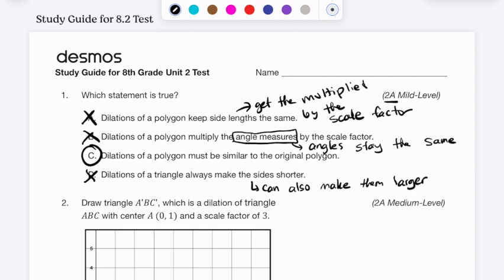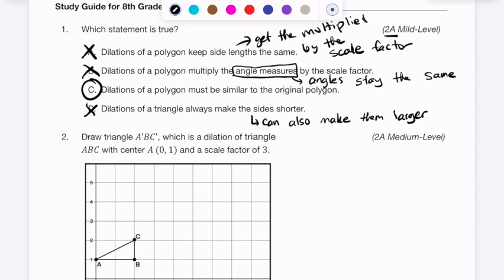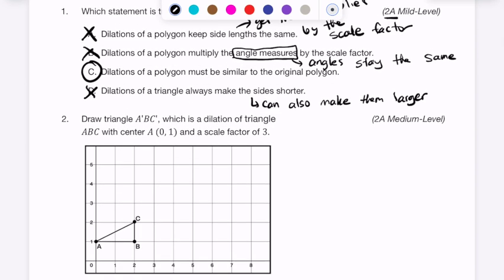Cool. Now going to a medium level question about dilations. We're supposed to actually dilate this triangle. So draw triangle A'B'C', which is a dilation of triangle ABC with center A, (0, 1), so here's my center, and a scale factor of 3. To dilate a shape, we ask what are the distances and directions from my center to my vertices.